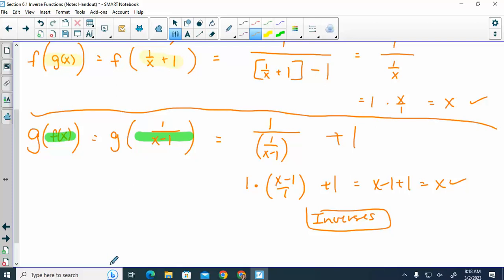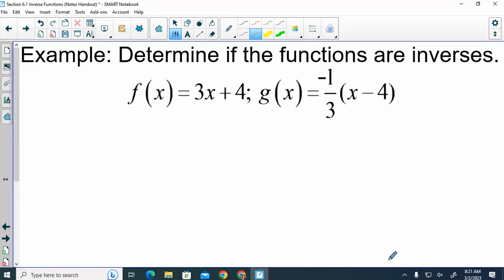You guys try the next one. Well, I got baseball. Let's look at this. So you could do either one first. Most people did f composed with g. Okay. So this is the same composition we did back at the beginning of the year.